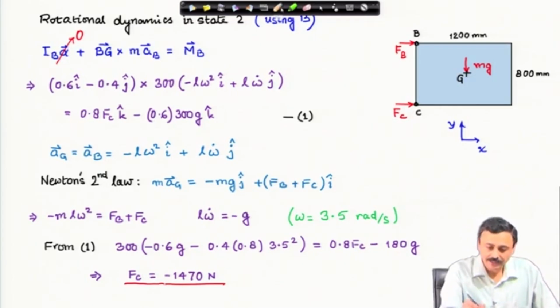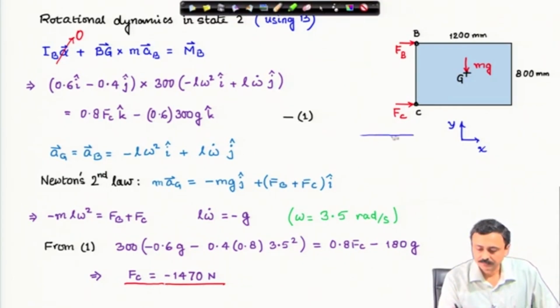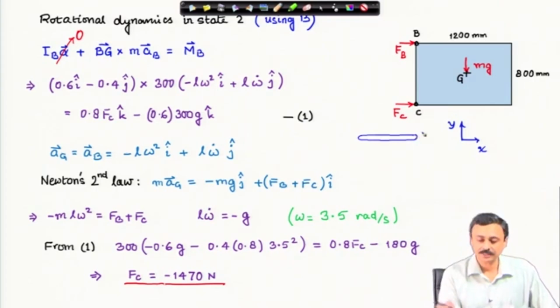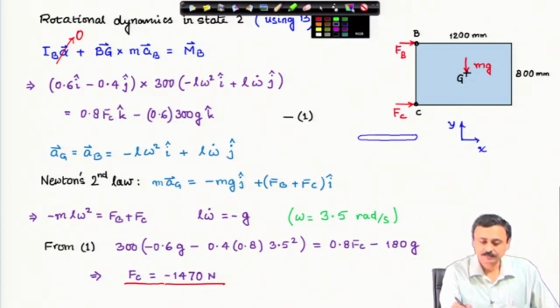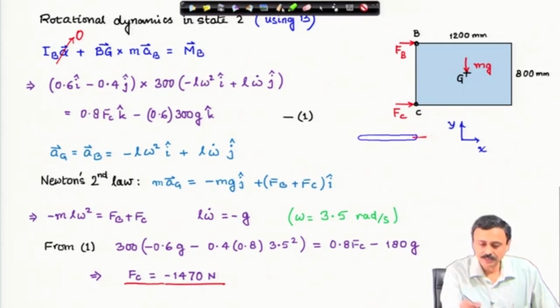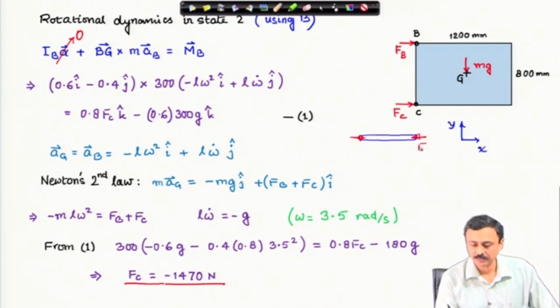Now, this negative sign indicates that the way I have taken the force Fc in the positive x direction, that is incorrect, it is actually in the opposite direction. Therefore, Fc is, so according to this figure by Newton's third law, I should have Fc in this direction and F on the other end of the bar in the opposite direction, both are Fc, the two force member.